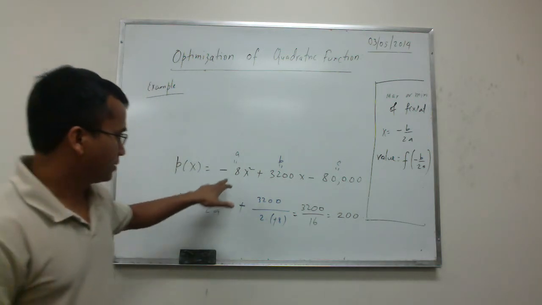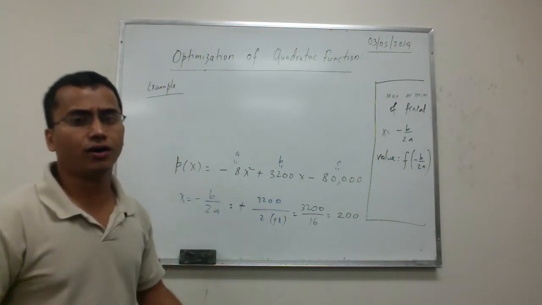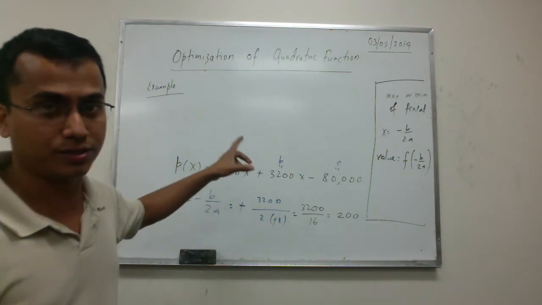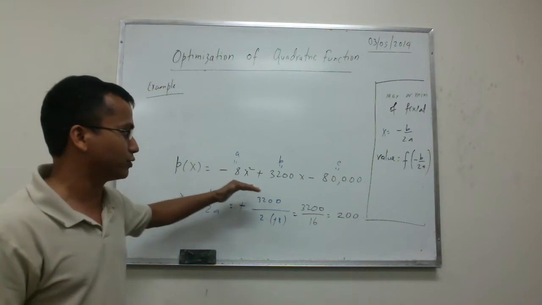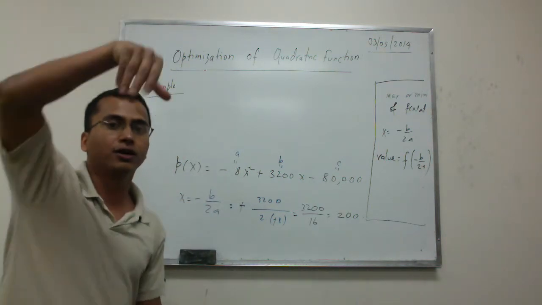Okay, since here the value of a is negative 8, that means you would have a maximum value of the function according to the rule we discussed. If the coefficient of x squared is negative, then the quadratic function would have a maximum value, because the graph of the quadratic function would be concave downward.